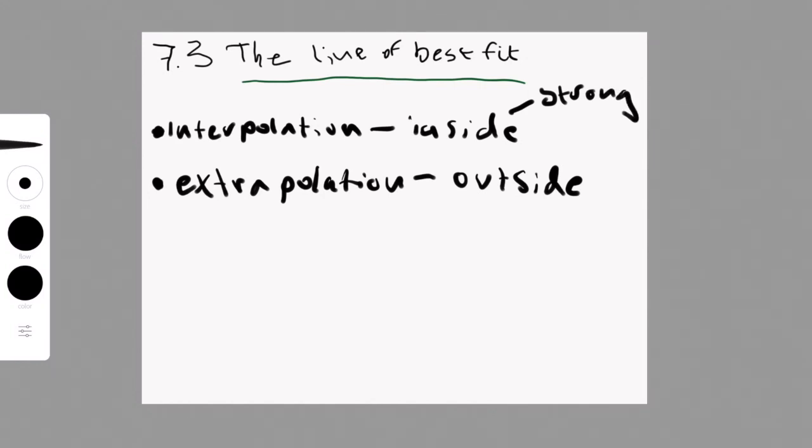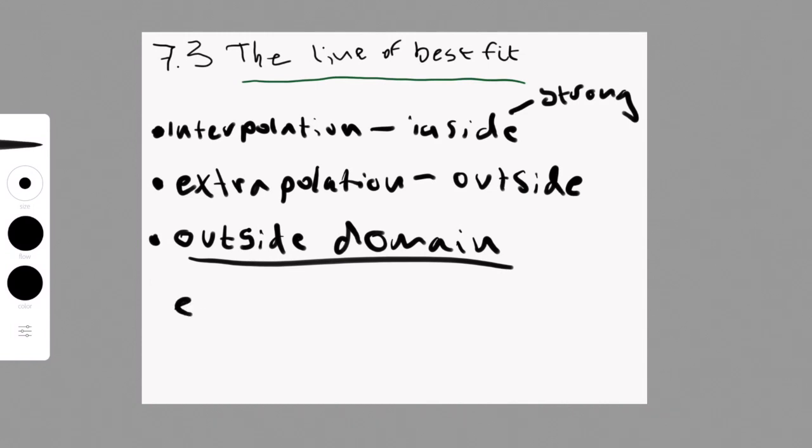If the correlation is very strong, then your interpolation predictions will likely be very accurate. If you go very far outside of the domain, your extrapolation data might be very inaccurate because let's take, for instance, height. If all your data is of people that are very young, their height will be rapidly changing.